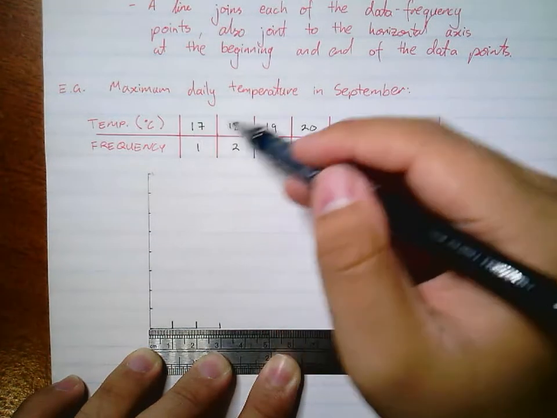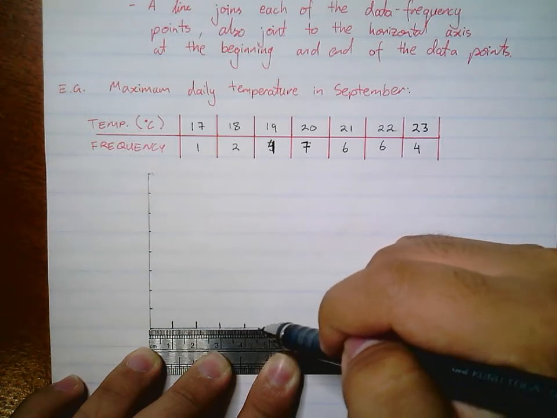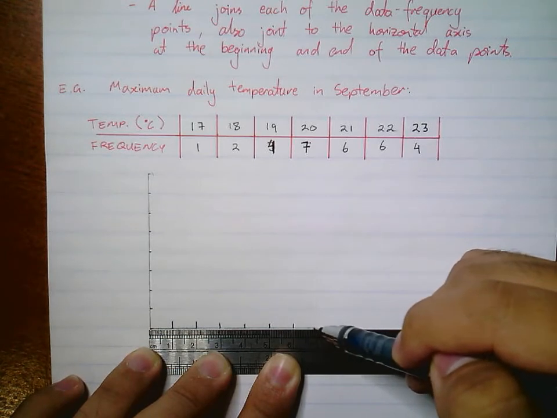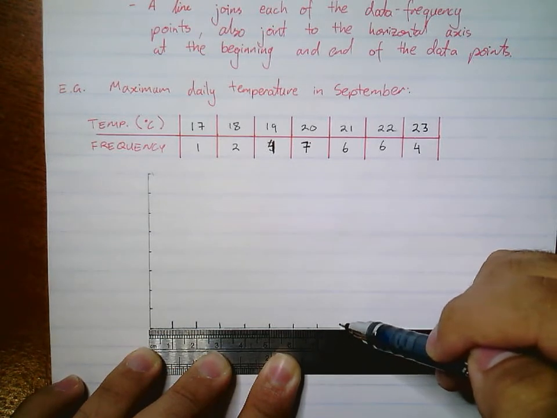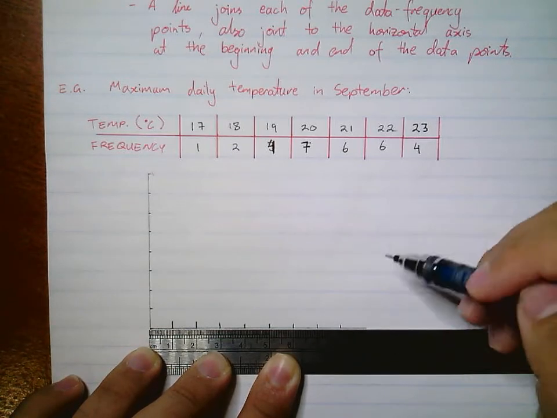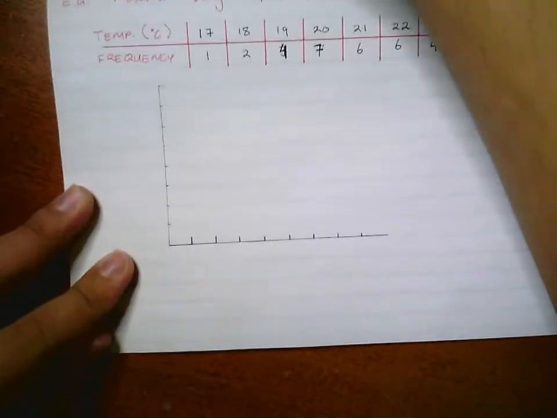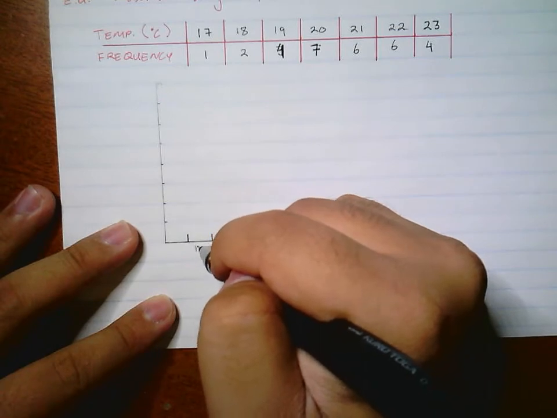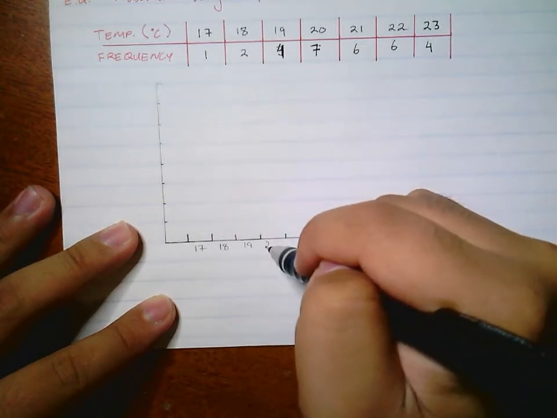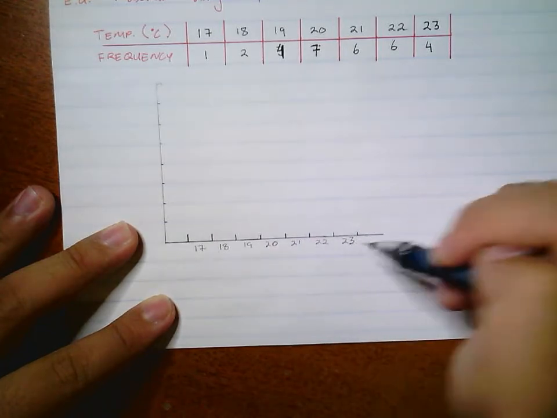So 17, 18 belongs here, 19, 20, 21, 22, 23, and I go 1 centimeter more. Okay, now let's label our points. This here is going to be 17, 18, 19, 20, 21, 22, 23.